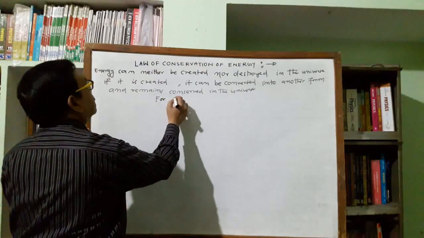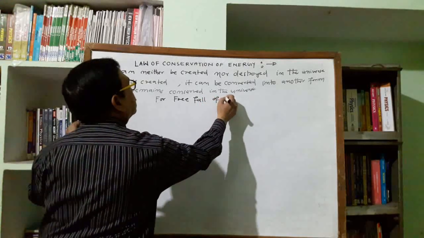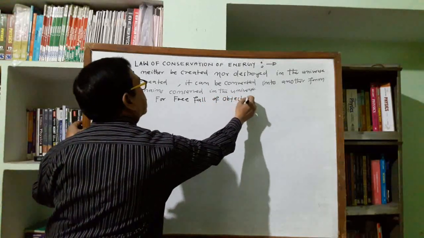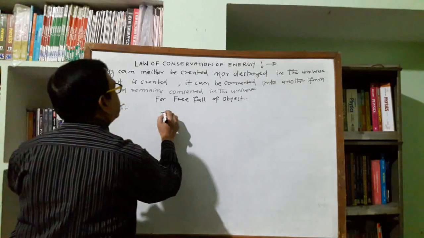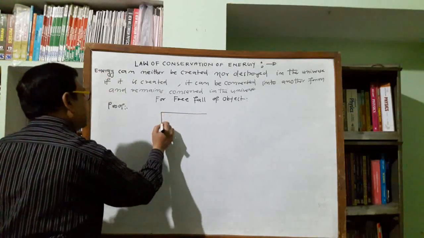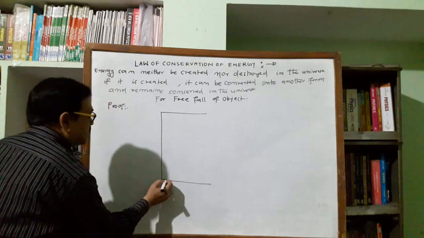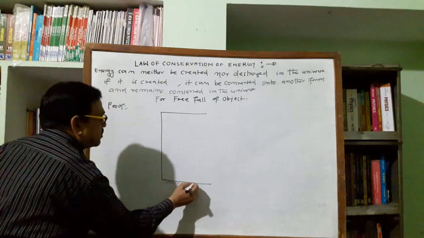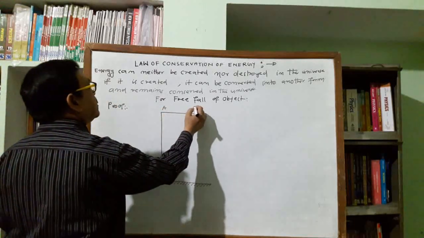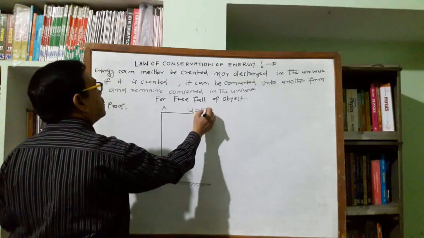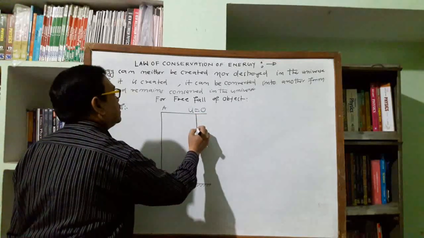For free falling of an object, proof. We decide on a certain height above the ground. This is our fixed ground. A is the point from where the object starts to fall with the velocity 0. m is the mass of the object falling.